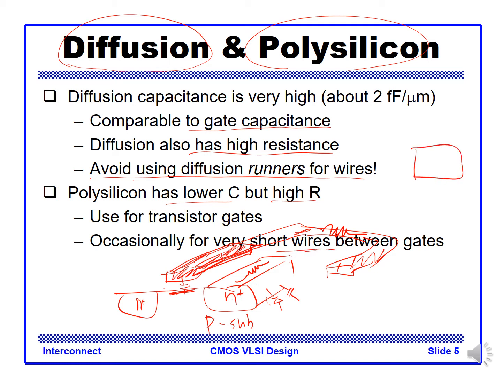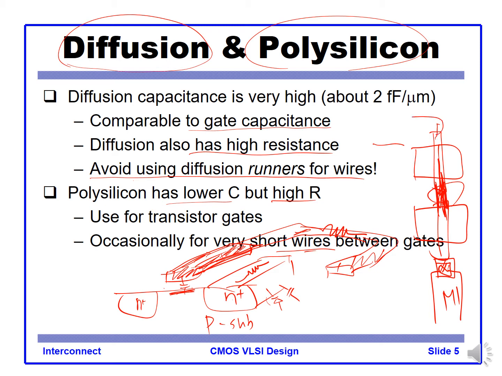For example, if we have two transistors and connect them together, sharing the contact and the M1, we can share the poly. This is a limited usage. You cannot make a long connection like that, because it has a very high resistance. We have to avoid that. It also has a large capacitance.